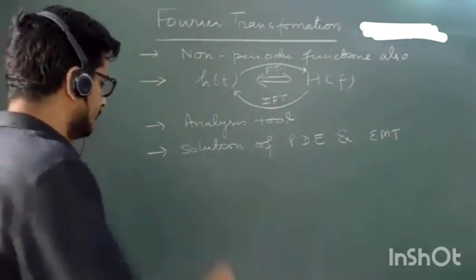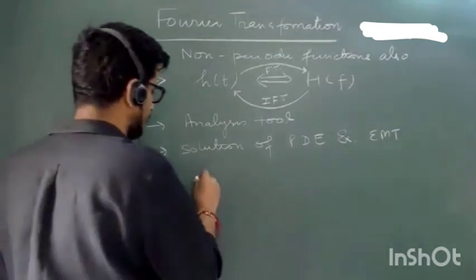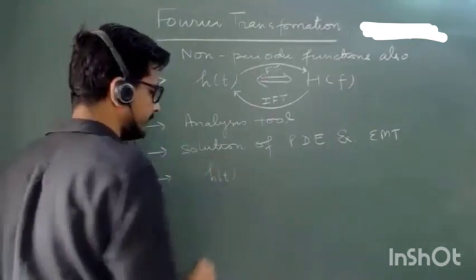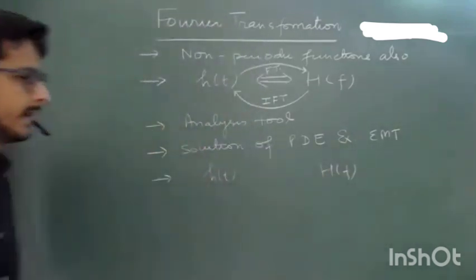And the next thing is that, suppose we have h(t) also, and we have H(f) also. So these two forms are available.